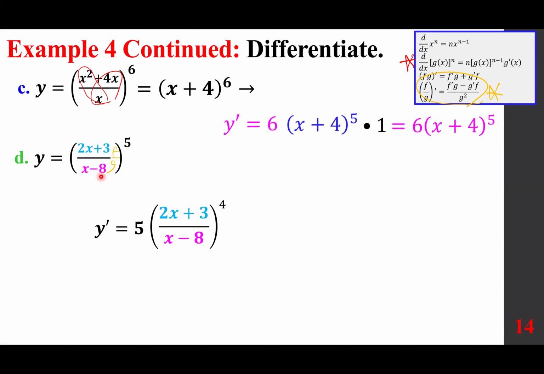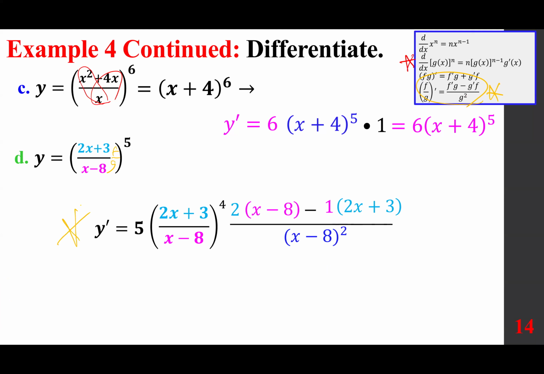So what we get here: f prime g minus g prime f over g squared. f prime is 2 times g, which is x minus 8. Minus g prime, the derivative of the bottom, is 1, times f, which is 2x plus 3, over g, x minus 8 squared. And I'm going to put the asterisk next to it.